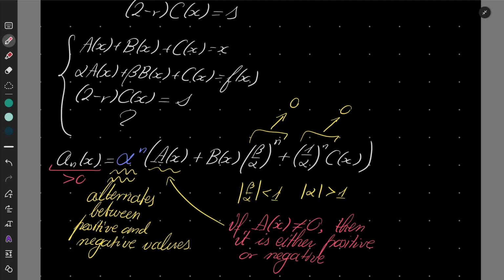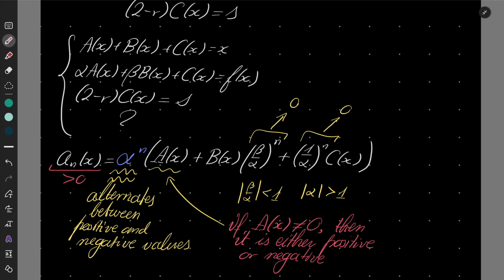If a of x is 0, this problem will not happen. And in fact, it's the only option. A of x must be 0. In other cases, we will get negative values in our sequence for sufficiently large n's.